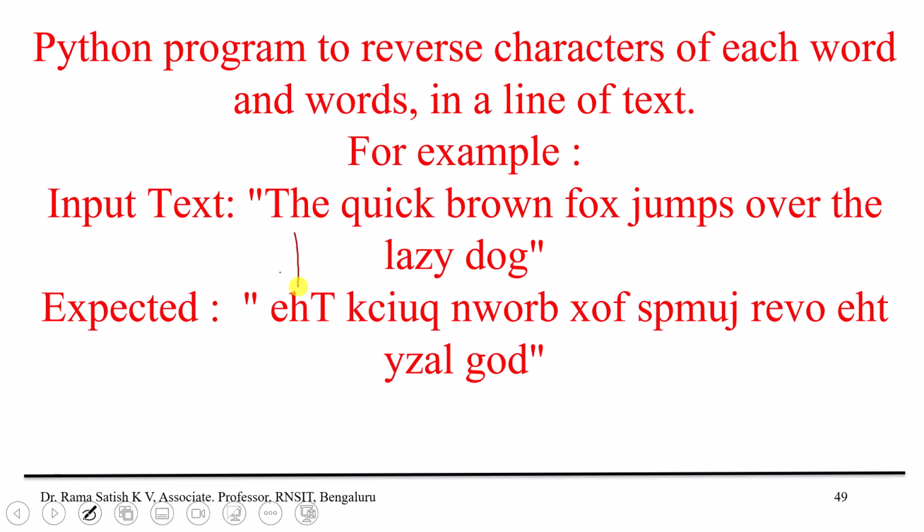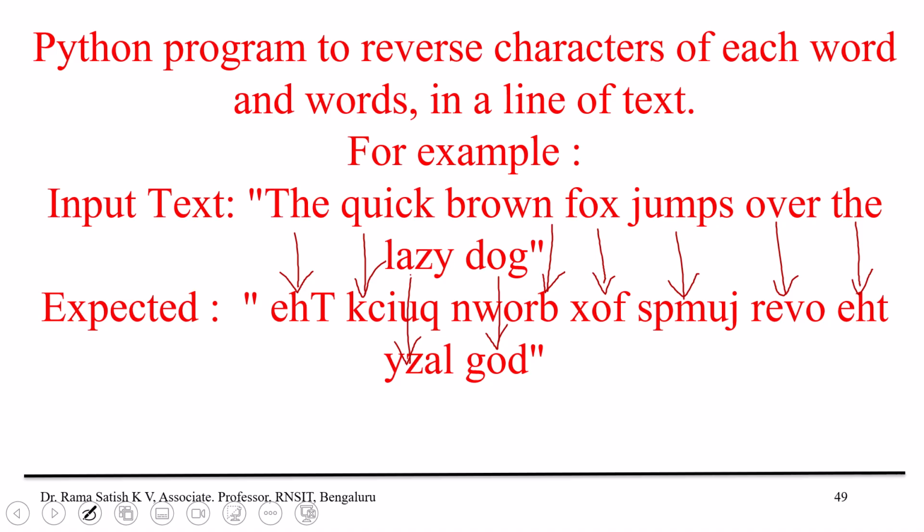The letters are reversed. Quick is reversed. Brown is reversed. Fox is reversed. Each word you have to reverse. So that is the challenge. Lazy reversed. Dog became god. Look at that.